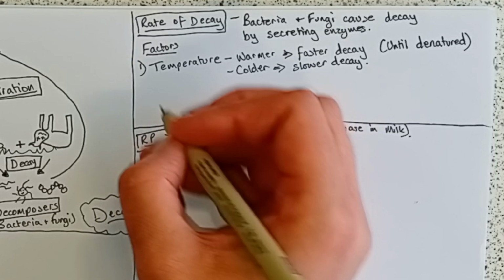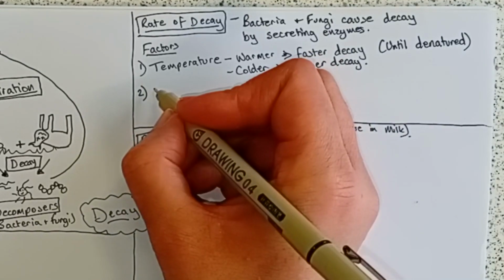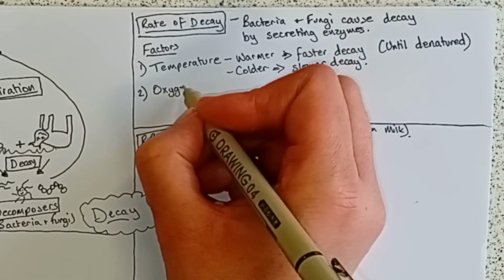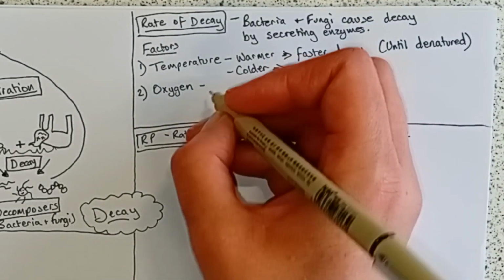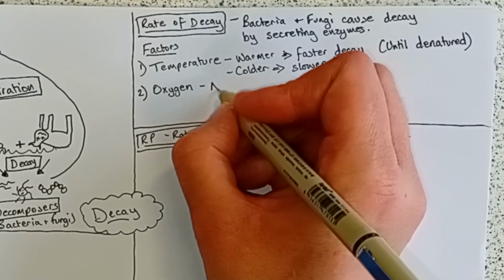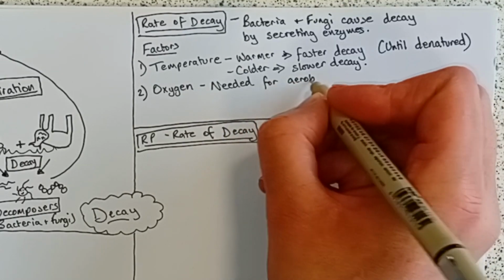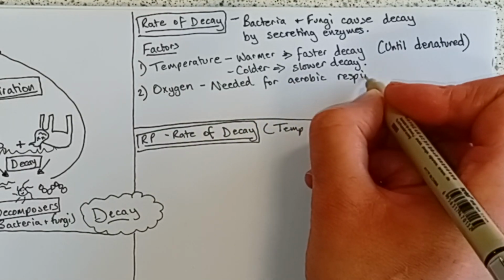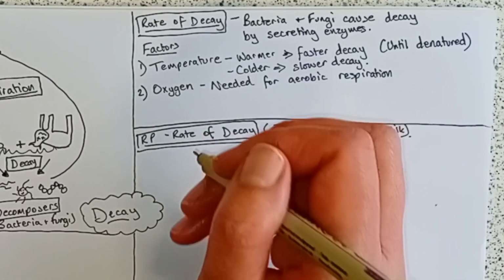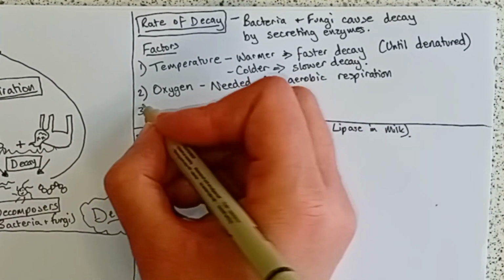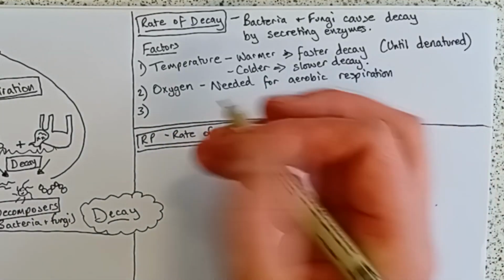The bacteria and fungi often are aerobic, which means they often need oxygen. So a lot of the time, oxygen affects the rate of decay, and that's because it affects the rate of aerobic respiration by these bacteria and fungi. Needed for aerobic respiration. Also, the amount of decomposers: the more bacteria and fungi there are, the faster the rate of decay.